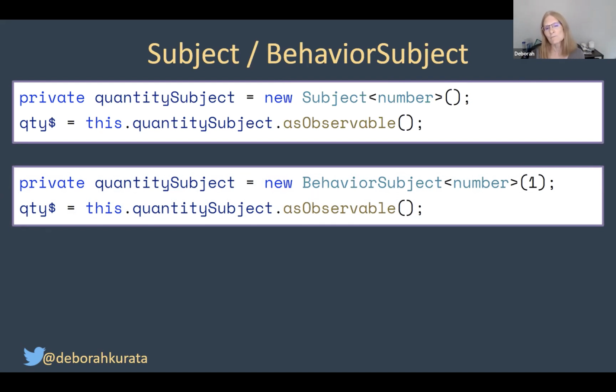If there have not yet been any emissions, then it will emit the default, and that's what we're providing here. So a behavior subject requires a default. When anyone subscribes, they immediately get that default value. As soon as it starts emitting, then it will cache that last emitted value and emit that to any new subscribers.